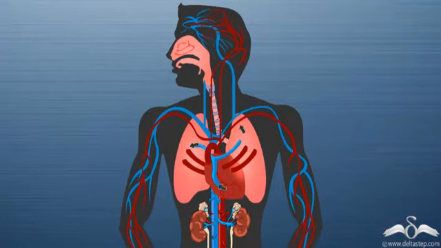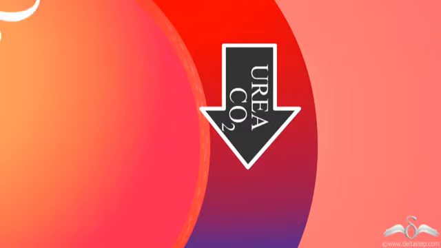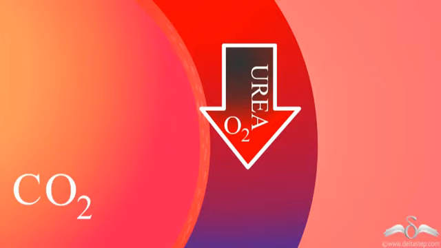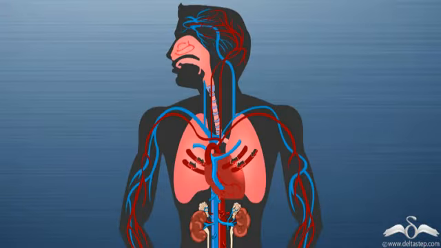From the heart, the deoxygenated impure blood flows into the lungs where the blood gets oxygenated. Now, this oxygenated impure blood flows back to the heart from where it flows to the rest of the body.